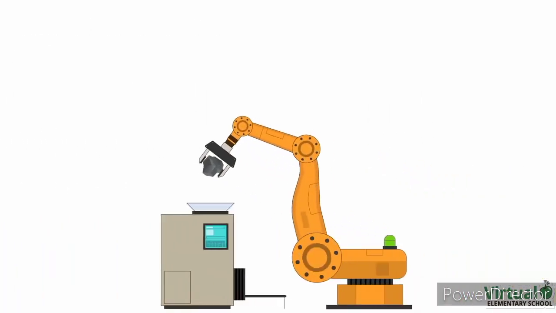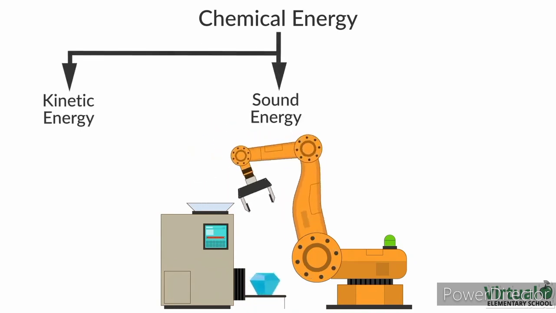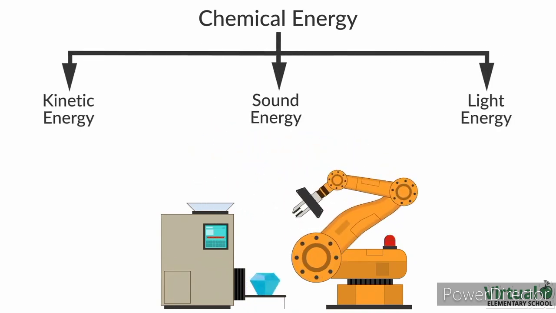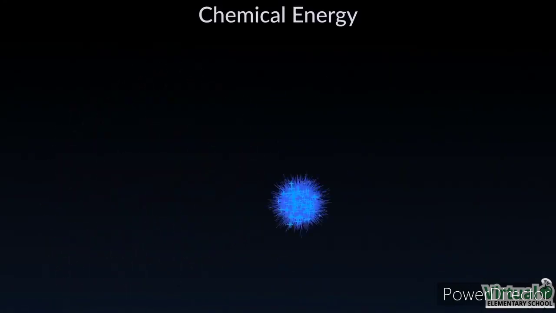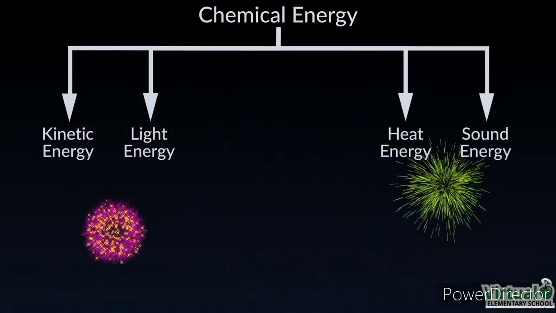A robot transforms chemical energy from its battery into kinetic, sound, and light energy. A firecracker transforms chemical energy into kinetic, light, heat, and sound energy.